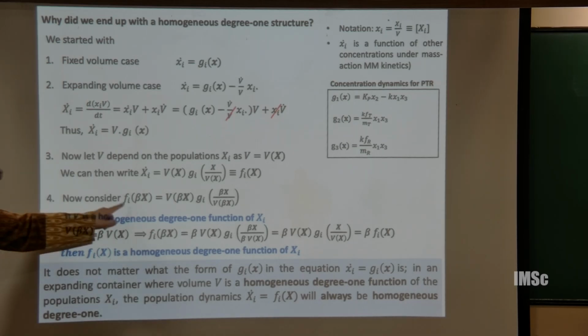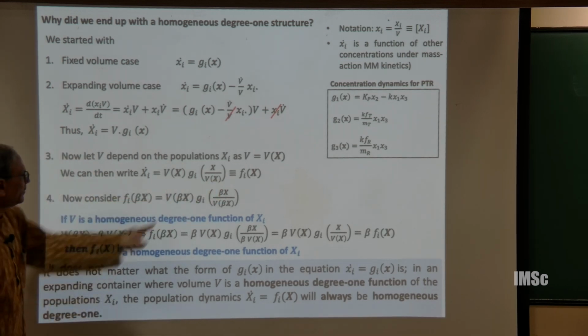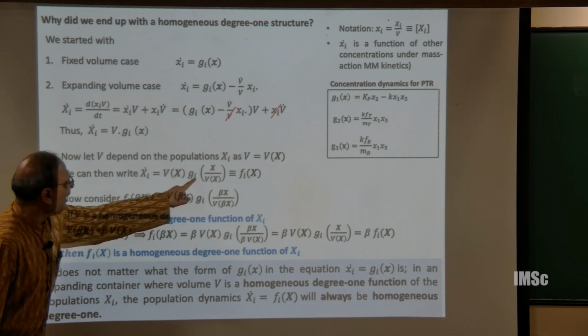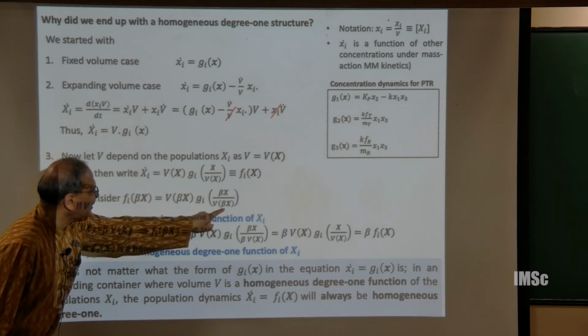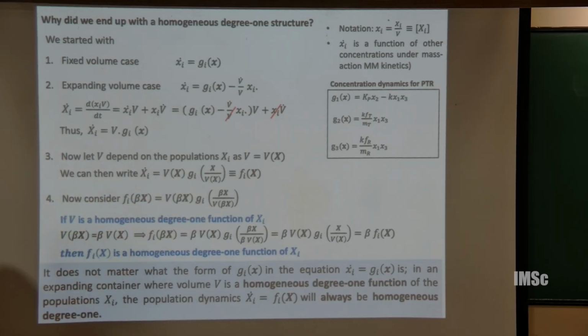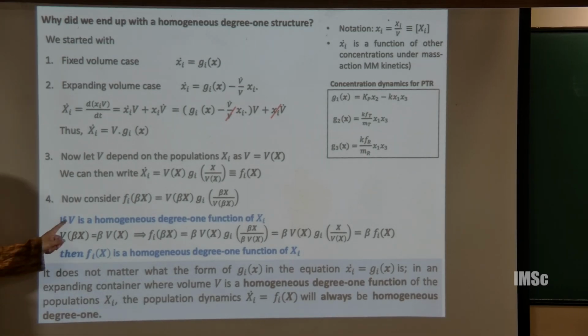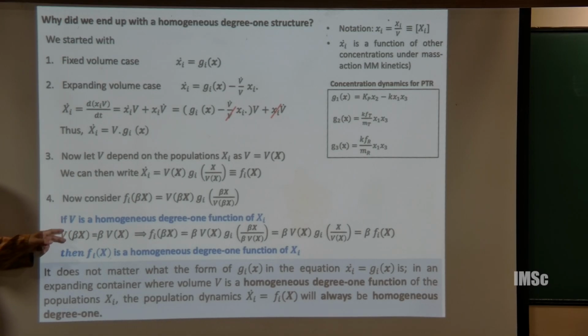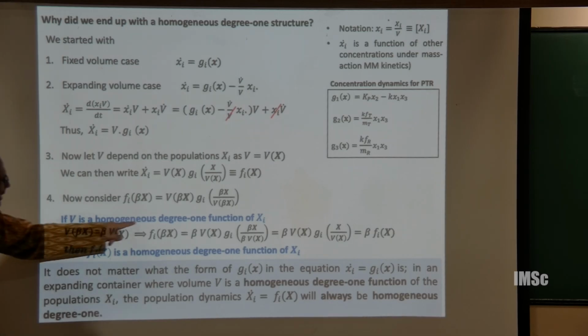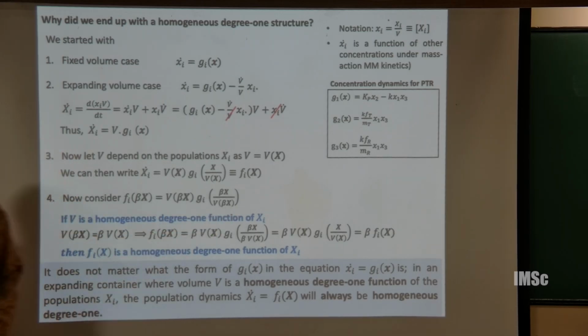So let's substitute Fi of beta X, and since Fi is given by this, I have a beta coming here, I have a beta coming here, and I have a beta coming here. Okay. So now, this is the more general requirement, okay? That V itself is a homogeneous degree 1 function of the Xi, and linear is just a special case of that.